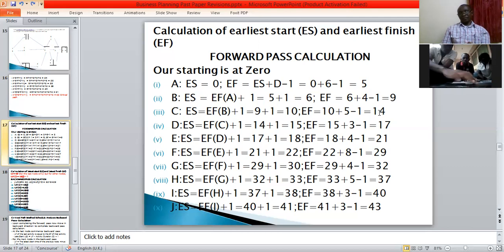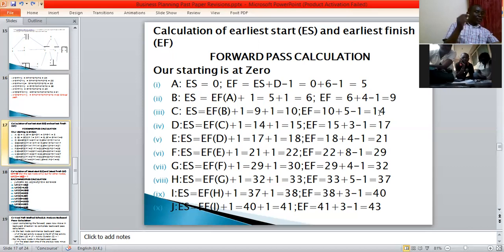Are we together? Yes. That's basically what is involved. So once you do that, this is how you are going to calculate the first part.